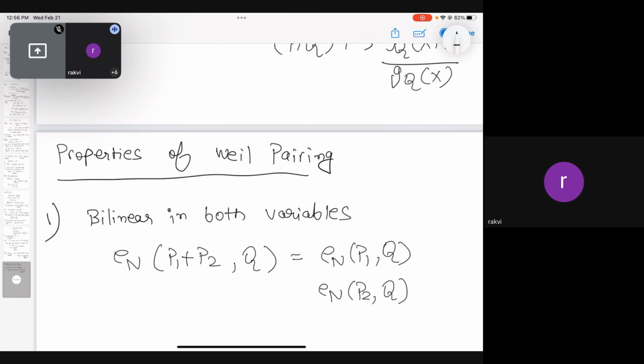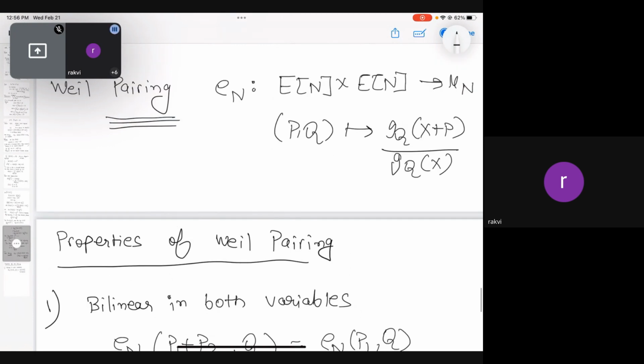And by the way, this word was not invented just for this pairing. Bilinear is a more general concept.